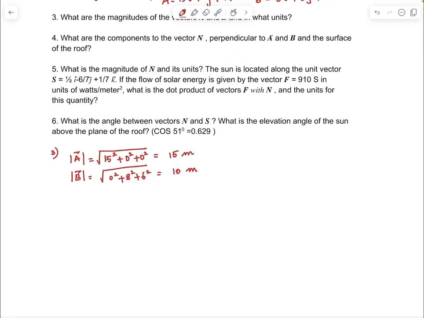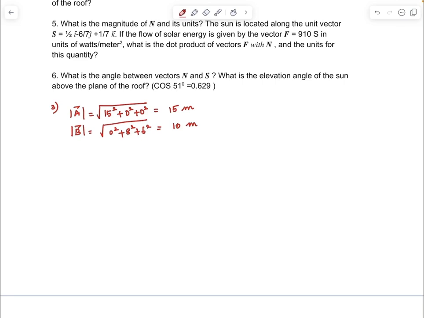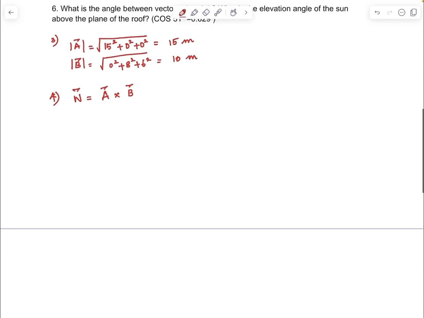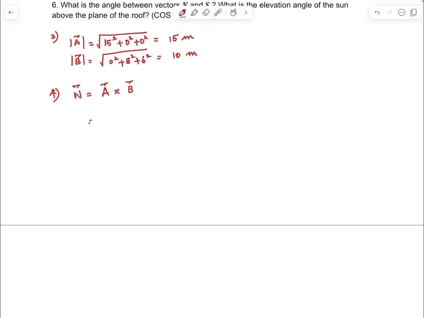Question number 4. What are the components of the vector n perpendicular to A and B and the surface of the roof? We need to generate the cross product of A and B. N vector is equal to A vector cross B vector, that is i j k, and let's take 15, 0, 0 and 0, 8, 6.